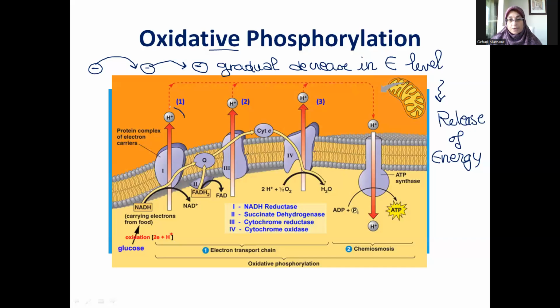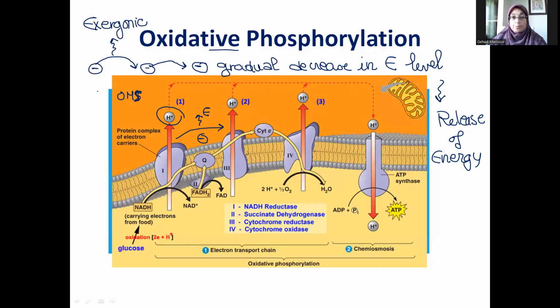And that's what you see here: every electron carrier, after having transferred the electron to the next electron carrier and the release of energy, will pump protons to the outer mitochondrial space, against concentration gradient.